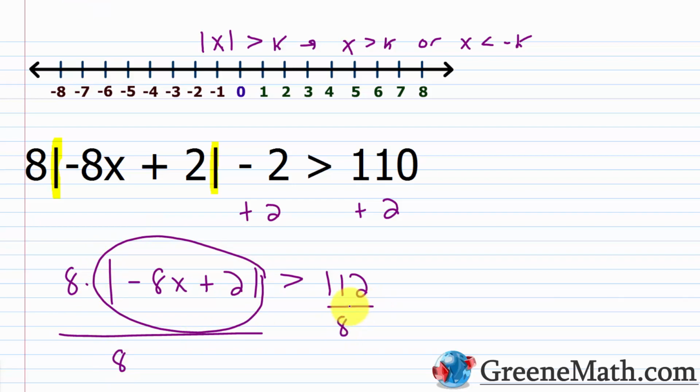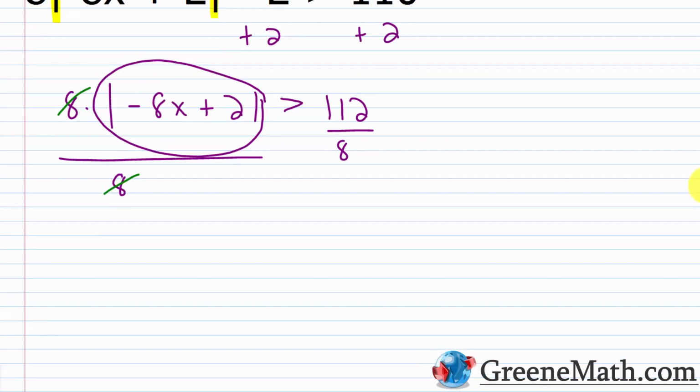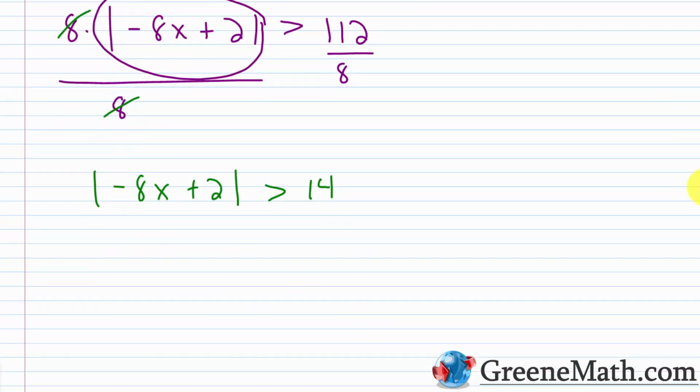Divide both sides by 8, and this will cancel with this. Scroll down, get some room going, and I'll be left with the absolute value of negative 8x plus 2 is greater than, what's 112 divided by 8? Most of us don't know that off the top of our heads, but punch it up on a calculator and you'll get 14.